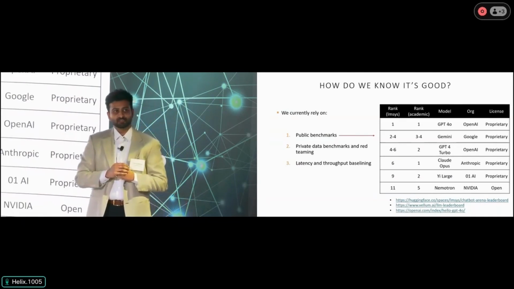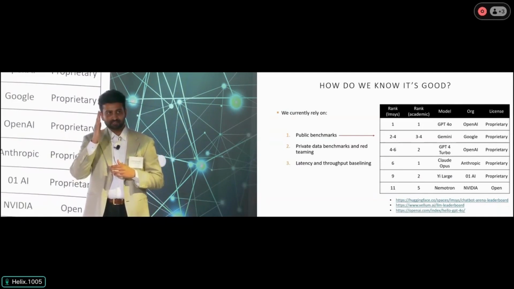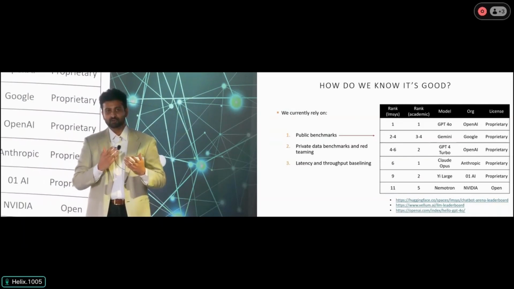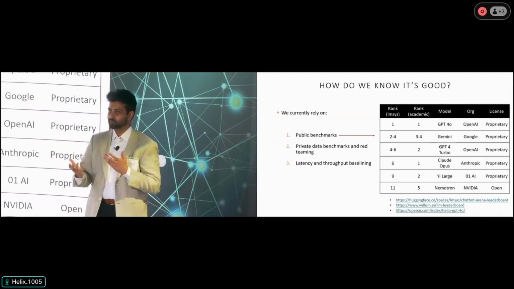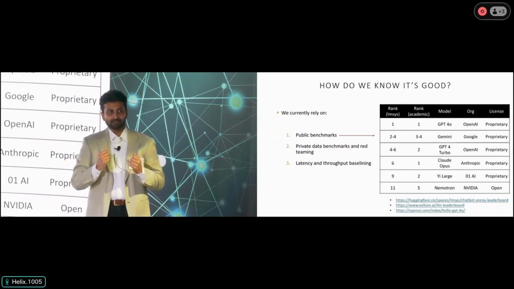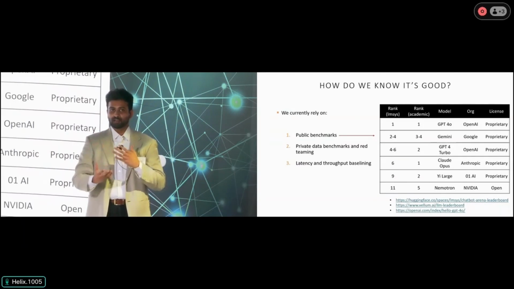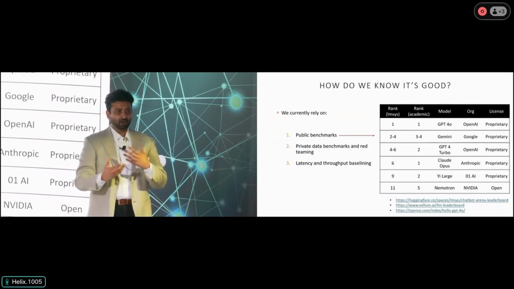The first column there, the LMSYS rank, is a human evaluation. When humans interact with a chatbot, they prefer one response over the other, and the LMSYS rank ranks models based on how well they responded and what customers preferred.